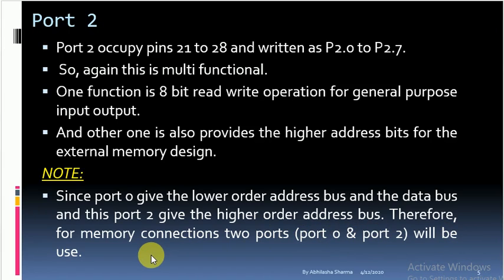Whenever you want to connect some external memory with your 8051 microcontroller, two ports are responsible: port 0 and port 2. With the help of port 0, we get the lower order address, and with the help of port 2, we get the higher order address bits.